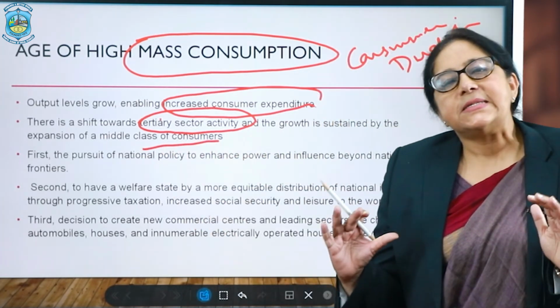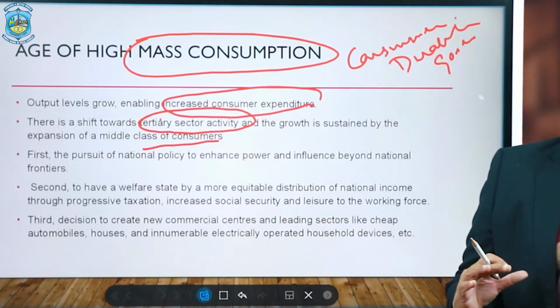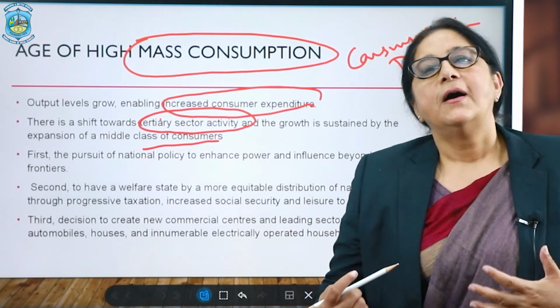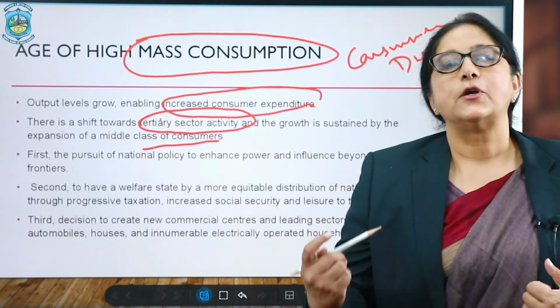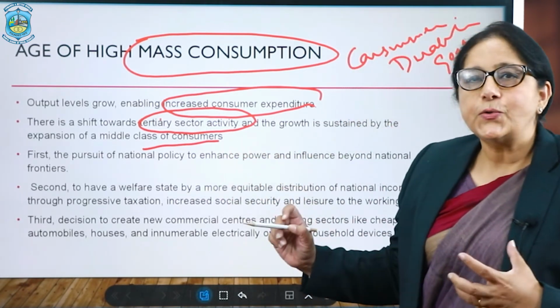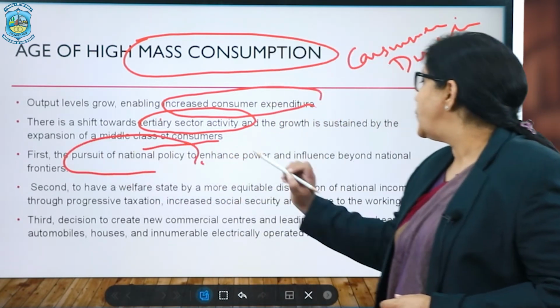Now, once the basic needs of the people are met, there comes a desire for the nation to establish itself and to rightfully seek its place in the global high table. So then comes this pursuit of a national policy to enhance power.